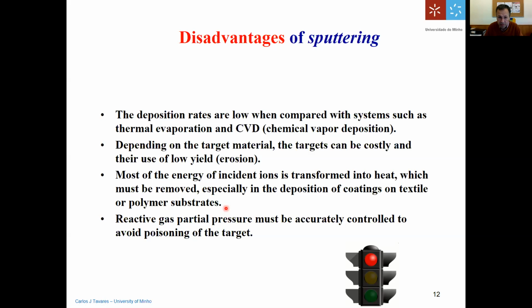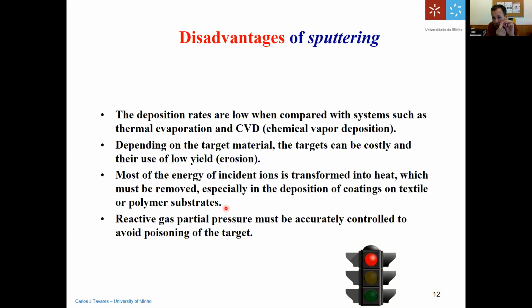Another disadvantage is that the reactive gas partial pressure must be accurately controlled to avoid poisoning of the target. What does this mean? For example, if you're using oxygen as a reactive gas, we want the oxygen to bond with the ejected particles that come from the target. So if you have titanium atoms and you have oxygen and you want to make titanium dioxide, you need the chemical reaction that makes the bond between titanium and 2 oxygen atoms.